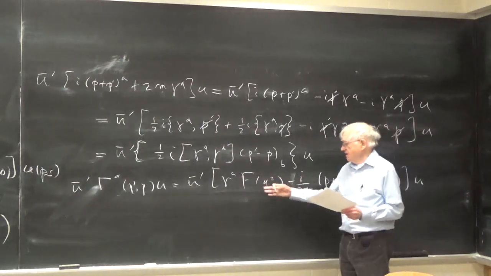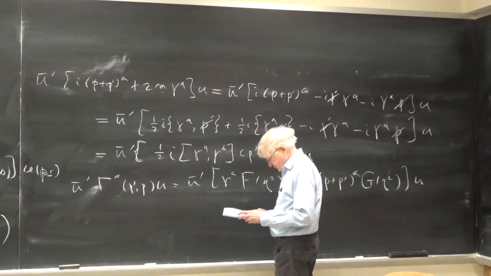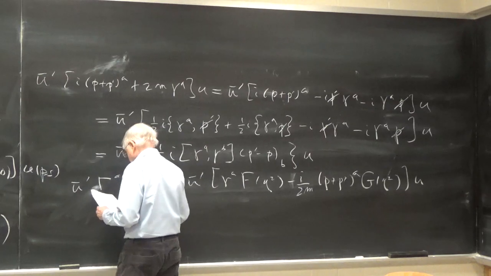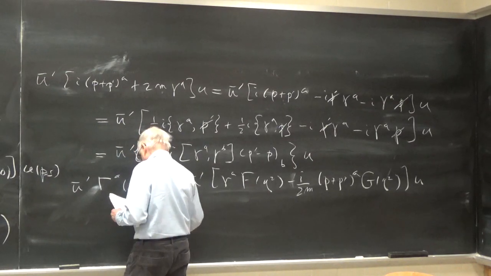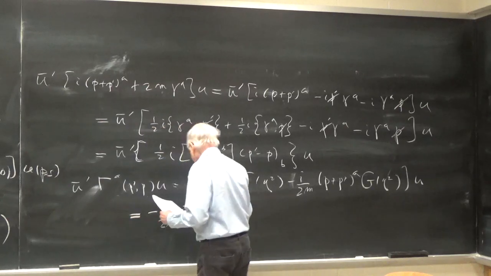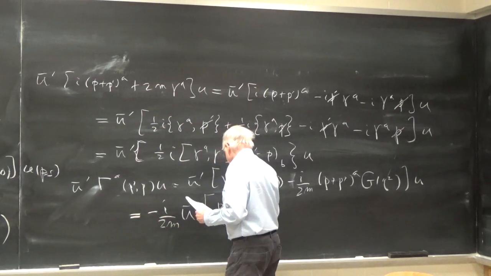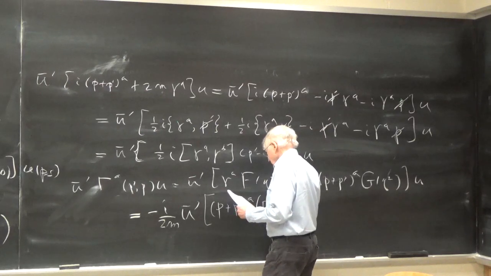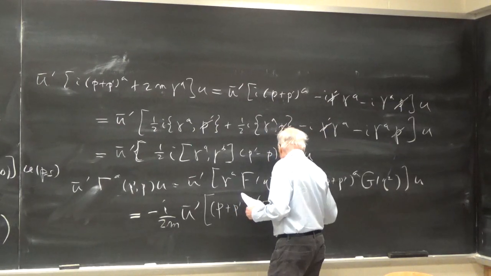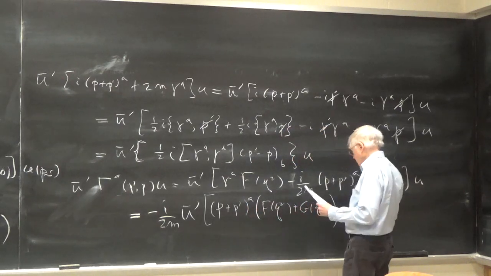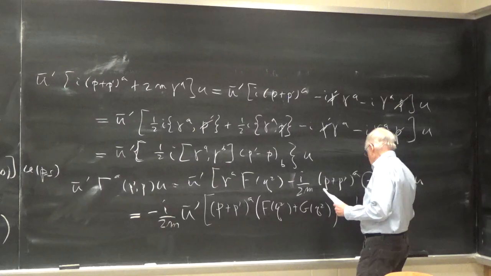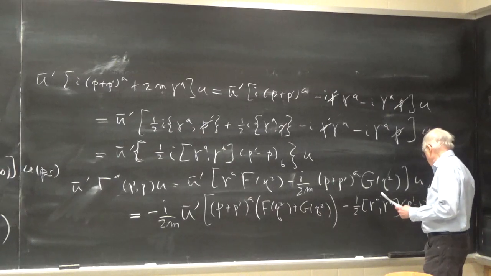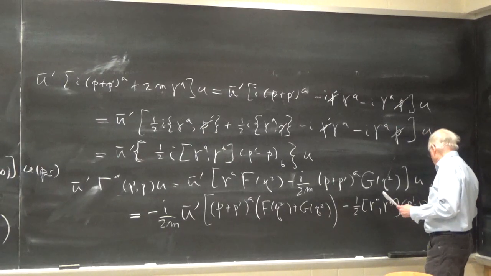What we're going to do is rewrite F a little bit, in this way: as minus i over 2m ū' (P plus P′)^A times [F(q²) plus G(q²)] minus 1/2 commutator γ^A γ^B (P′ minus P)_B F(q²) u.